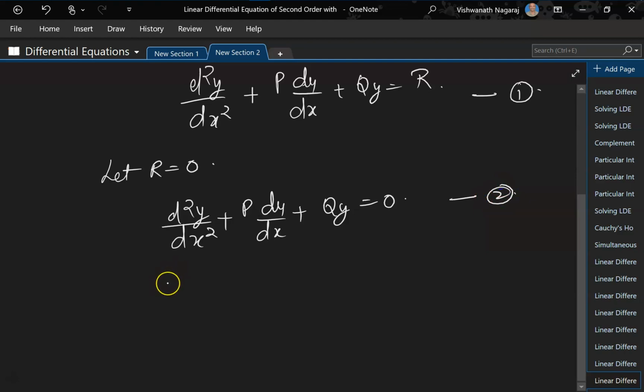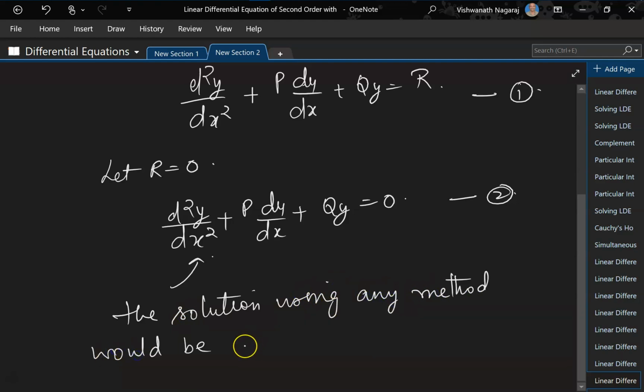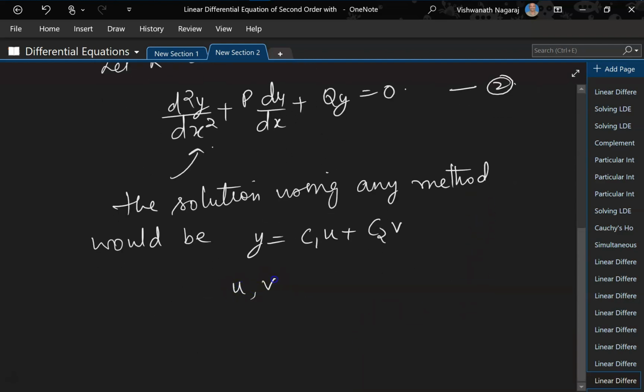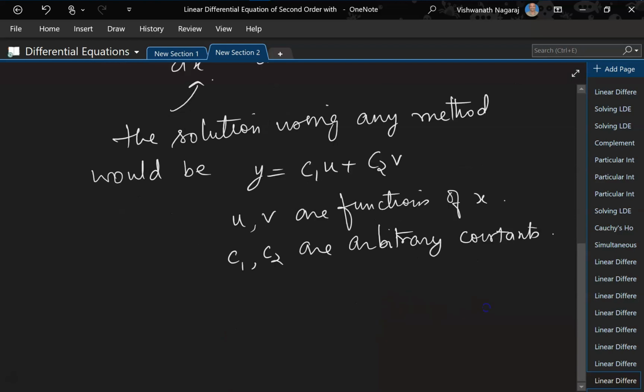Now for this equation, the solution using any method would be y is equal to c1u plus c2v, right? Where u and v are functions of x and c1 and c2 are arbitrary constants, right?